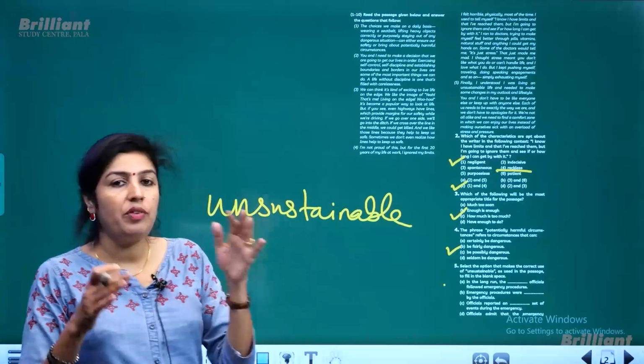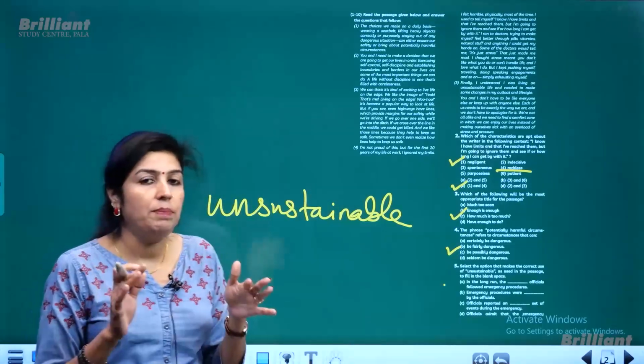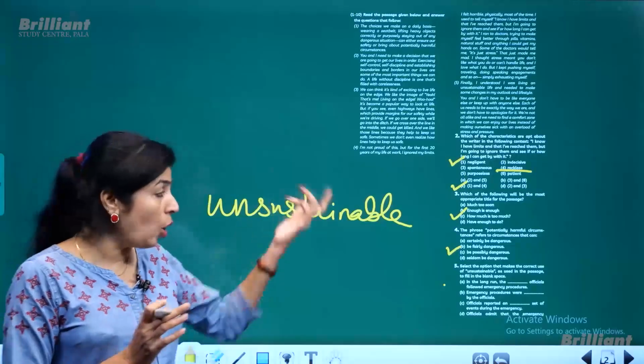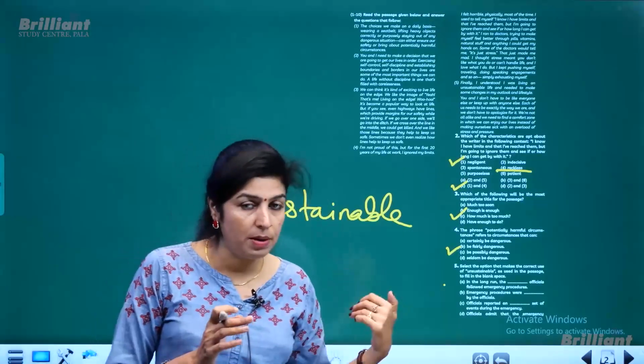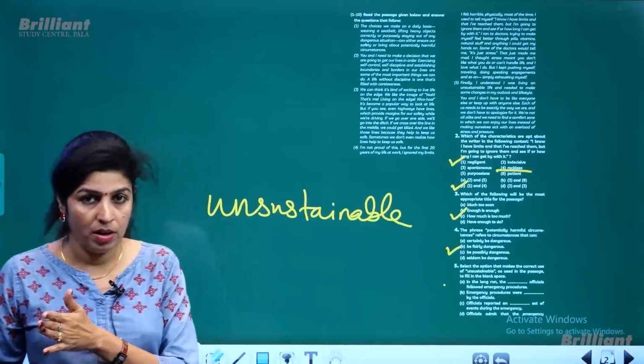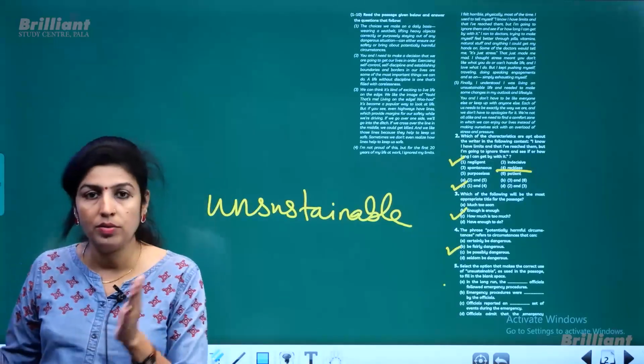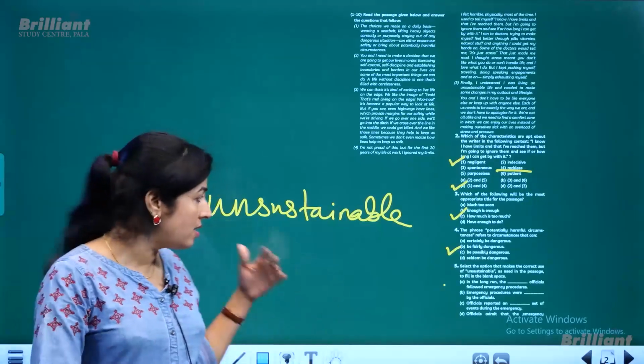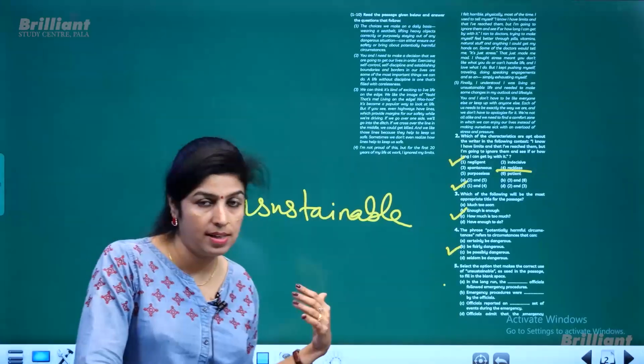Usually we use this term in connection with development or progress. The opposite of this is sustainable. Sustainable means something which can last for long, which can go on without being diminished, and it is long lasting. Unsustainable means it cannot stand the test of time.